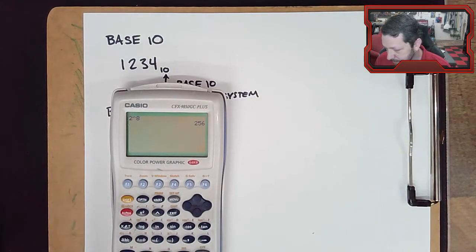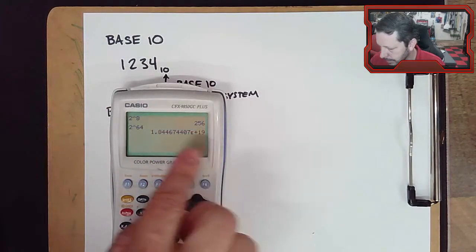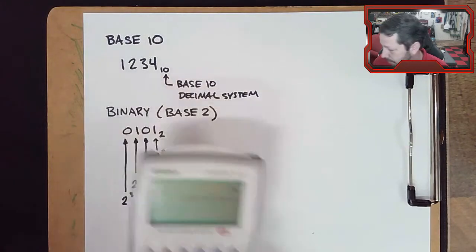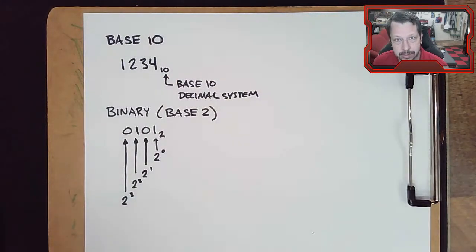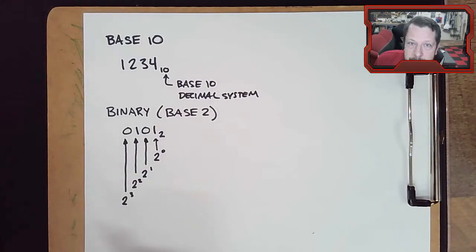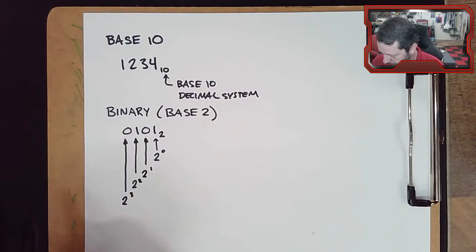If I have a 64-bit machine and I want to use one of those strings of 64 bits to represent colors, I don't even know if my calculator can do that. 2 to the 64th. Well, it does. 1.8 times 10 to the 19th different colors. So that's a way different amount of colors I could represent with a single string. 8 bits is a byte, so a single byte of data.